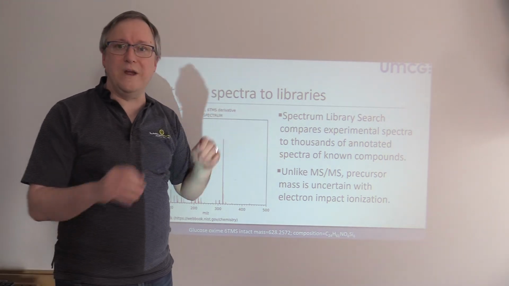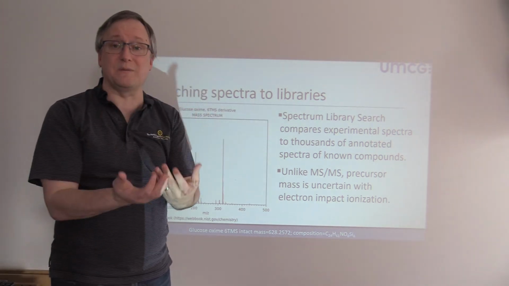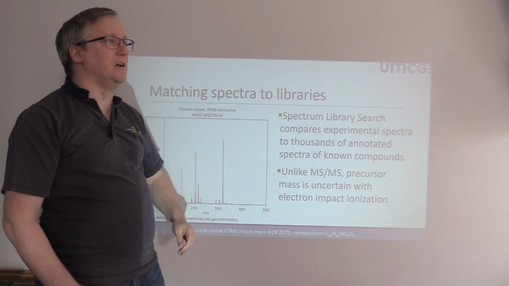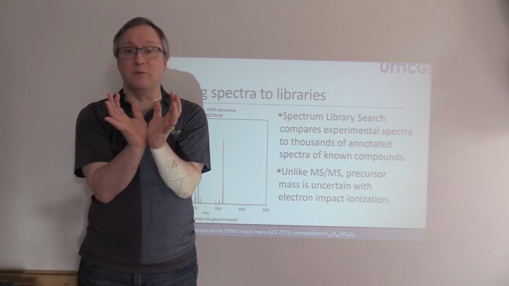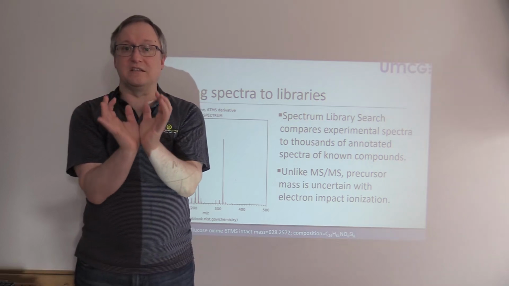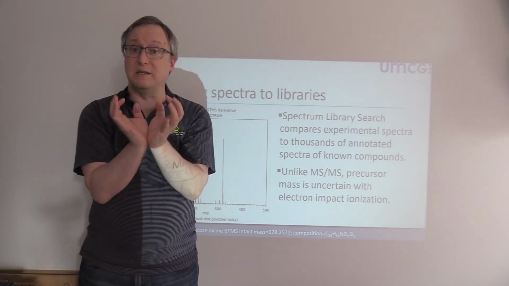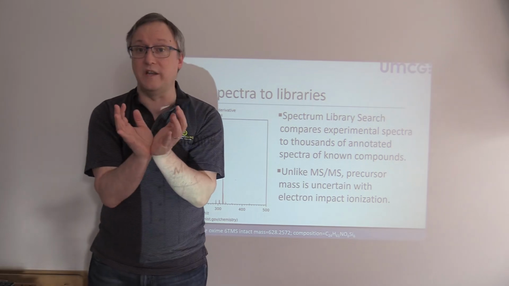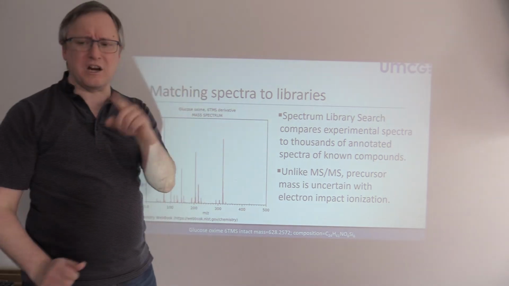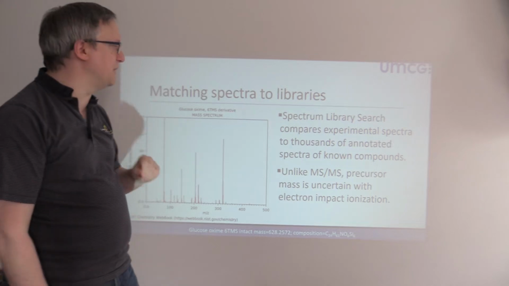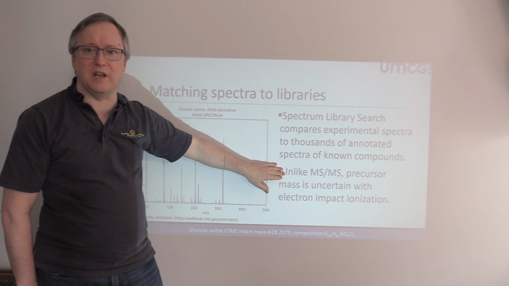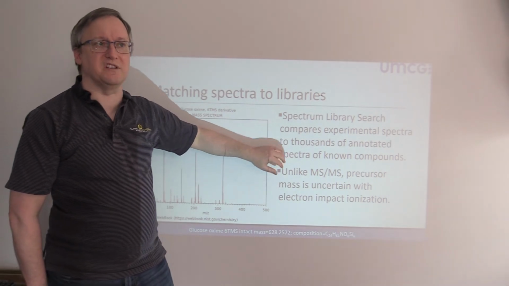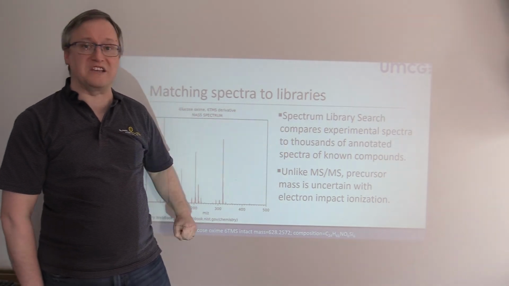When you're doing a spectral library search, you're asking: which spectrum in this library bears the greatest similarity to the experimental GCMS spectrum that we calculated? We'll talk about the algorithms for that in just a moment. But we need to compare against thousands of different entries in the library to see which is most similar to what we recorded on our mass spec.